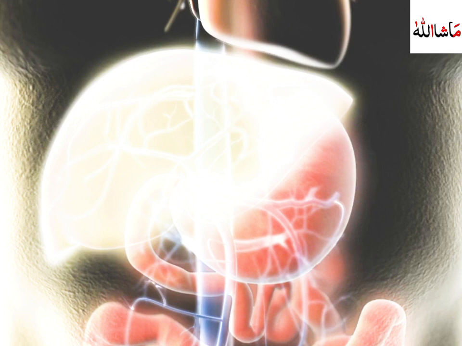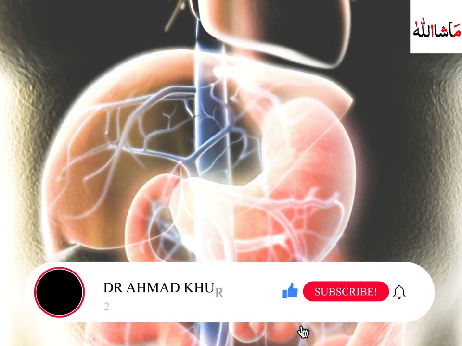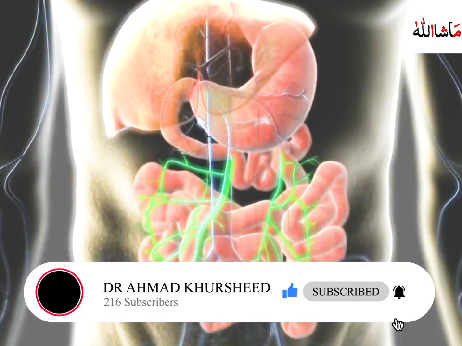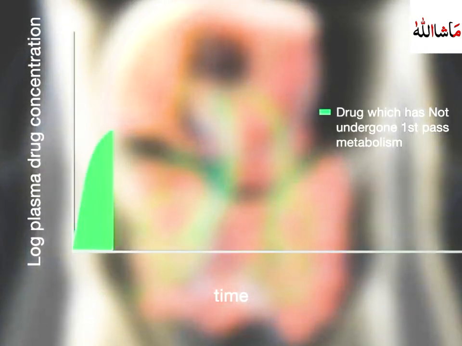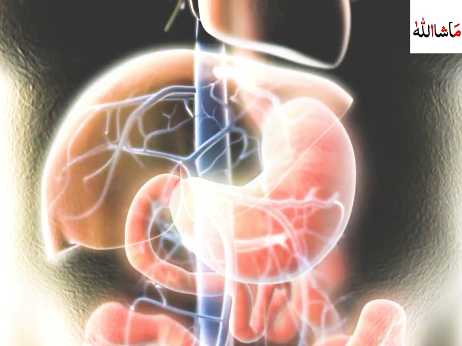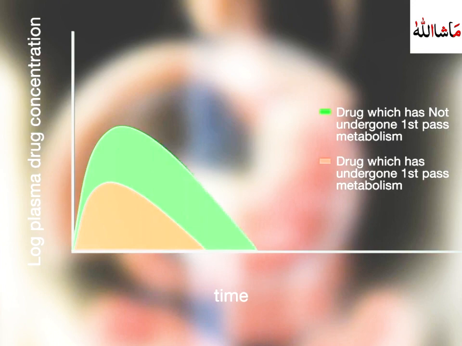A drug which is biotransformed to a significant extent prior to reaching the general circulation is said to have undergone first-pass metabolism. Drugs which do not undergo first pass, as indicated by the green color, will require a relatively lower oral dose than those compounds which have undergone first-pass metabolism, and these drugs have a higher bioavailability.